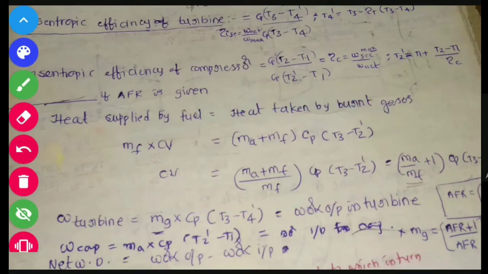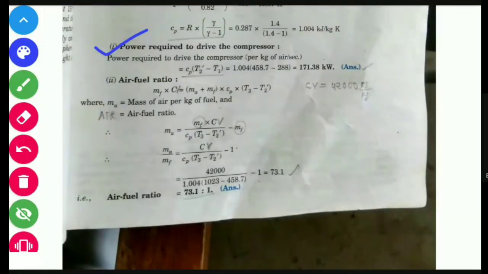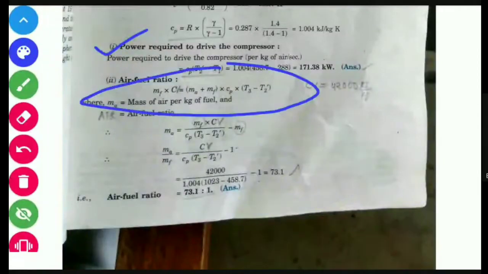Remember this equation. Second, you have to find out the air fuel ratio. For that, you take the equation Mf into CV equals (Ma plus Mf) into Cp(T3 minus T2 dash). The heat supplied is equal to the heat produced in the combustion chamber.